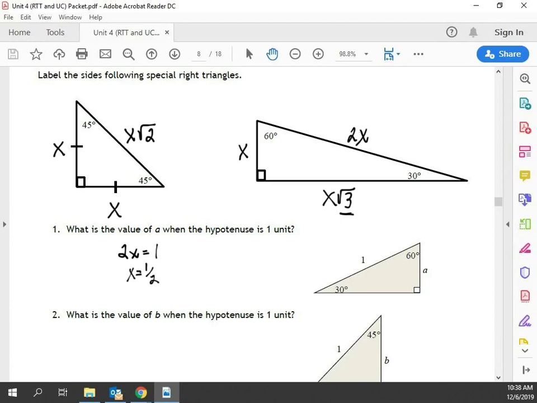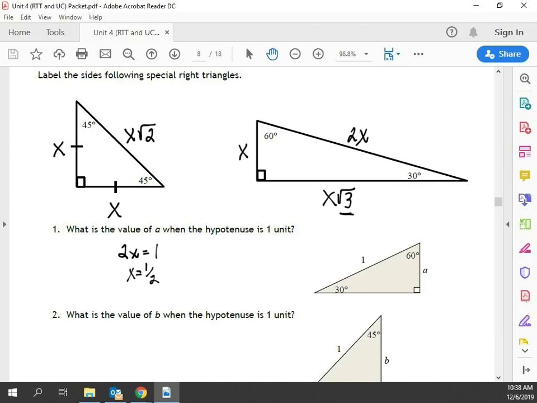Well, if x is equal to 1/2, go back up to our reference triangle. What is the length of the side that is opposite of 30 degrees? Exactly what x is. Because the length of the side across from 30 degrees is x. Did we not just solve for x? We now know that x is 1/2.